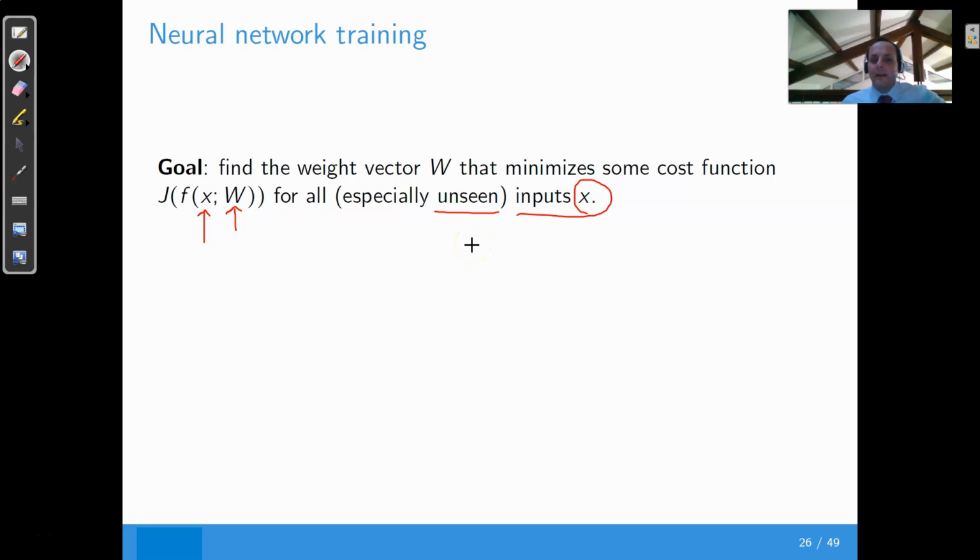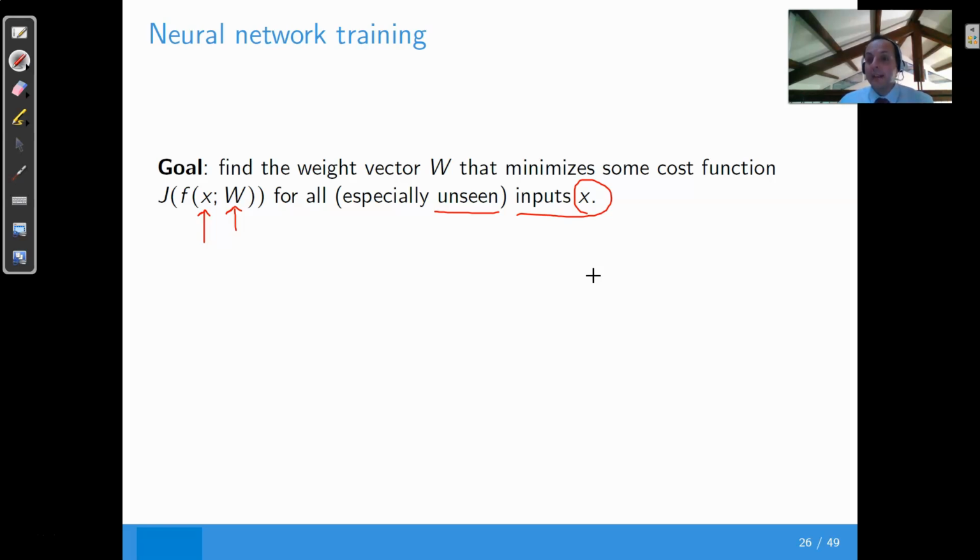Unseen means that you train your neural network using some inputs, and when it's trained using the input X, the network works properly when examining the inputs X, the data from which it has learned.